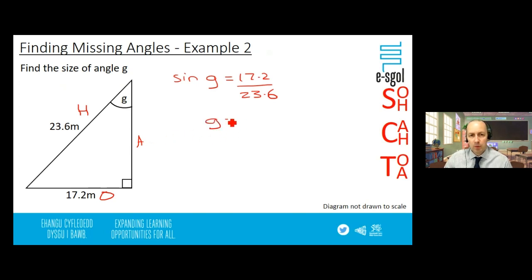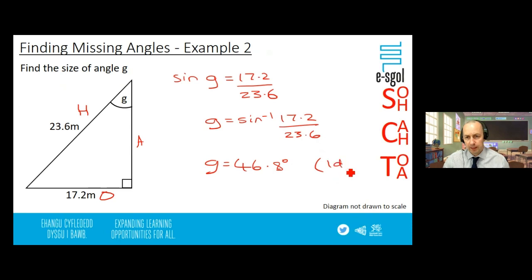So I'm going to move that sine over. It's going to be sine to the -1 of 17.2 still, divided by 23.6. I put all that information into my calculator, and that gives me an angle of 46.8 degrees, rounded to 1 decimal place.